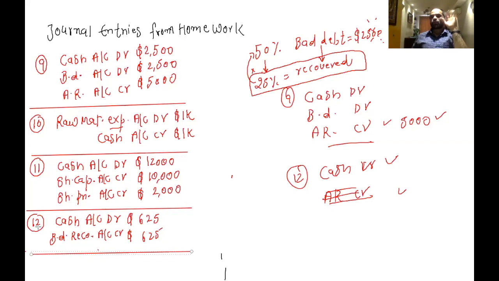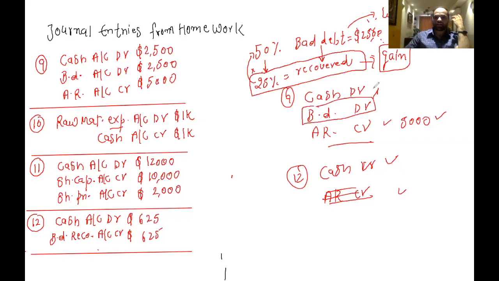Why bad debts recovered credit? Because now that bad debts become your income. You recover money from them, right? If you recover money from them, it becomes your gain. Before it's a loss. Before it's a loss. That's why you record it as a debit here. Before it's a loss, that's why you record it as a debit.